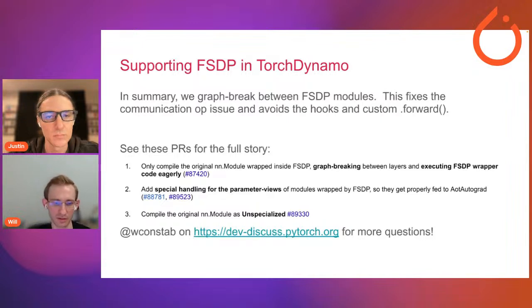We also have to make it so that FSDP and Dynamo cooperate a little bit, so that Dynamo is aware of what the right parameters are at any given time, like that FSDP is updating the parameters of a module, and Dynamo needs to make sure it's using the correct latest copy.